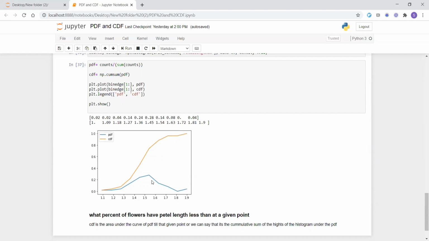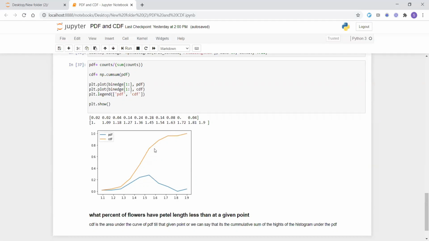PDF tells us how many data points are there at 1.6 centimeters of petal length, like how many flowers have a petal length of 1.6 centimeters. That is PDF. And what CDF tells us is the percentage of data that lies within a particular point.